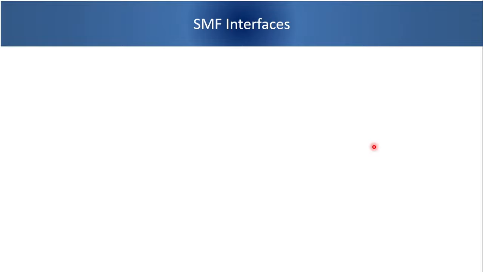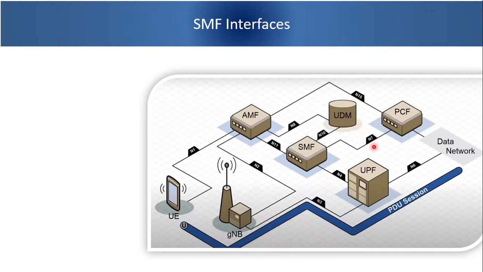Okay, so let's move to the different interfaces involved with SMF. As you can see here, the SMF has to give direction to the UPF for creation of the PDU session, steering of traffic, and maintaining quality of service.